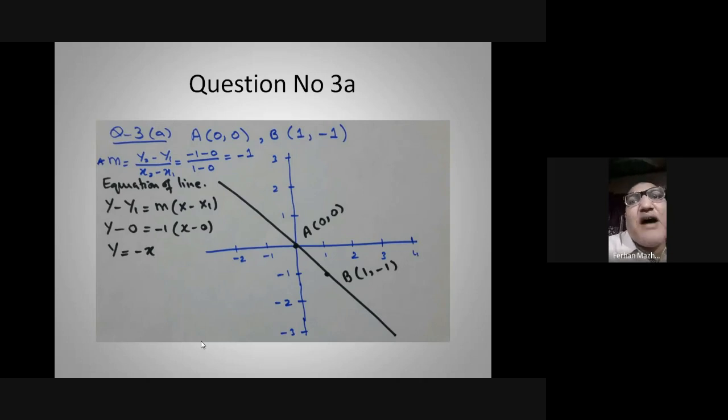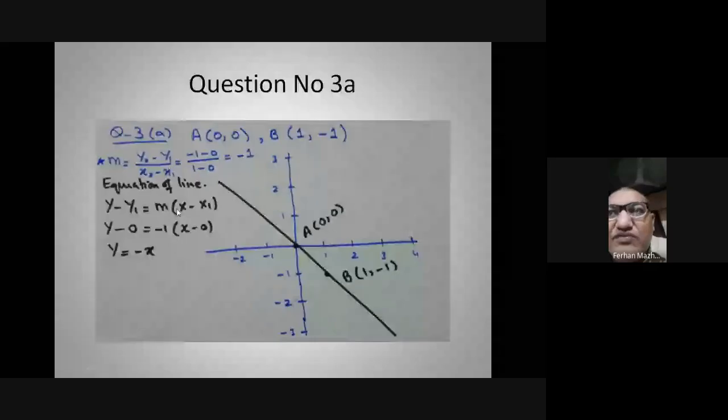So we will have minus 1 minus 0 divided by 1 minus 0. I substituted the values of x1, y1, x2, y2. And you can see there will be minus 1.